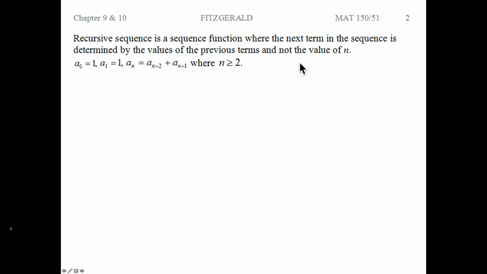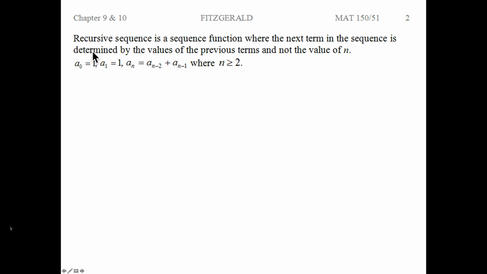In contrast to a recursive sequence, notice that the definition says the next term in the sequence is determined by the values of the previous terms, not the n value. So if I want to find the 10th term of a sequence here that's recursive, you have to find the first, second, third, fourth, fifth, sixth, seventh, eighth, and 9th before you can find the 10th.